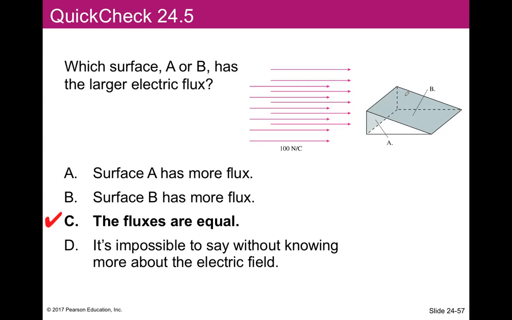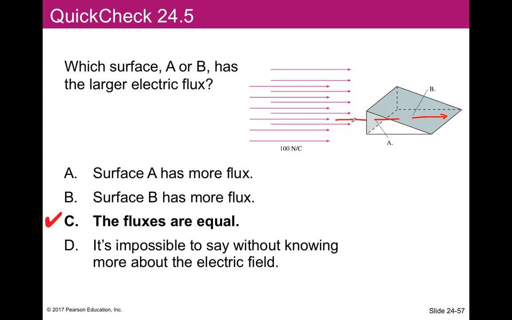The intuitive way is, as we said, the flux means how many of the field lines go through the surface. So let's compare A and B. Let's say if there is a field line going through A, this is the field line. If it goes through A, in this case, it must go through B. The same thing.